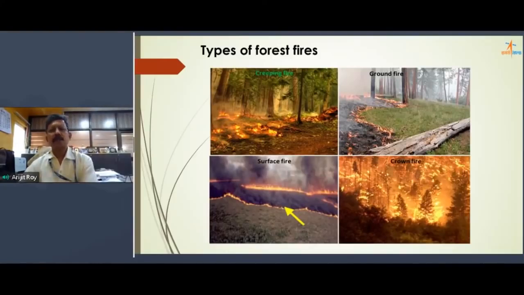And finally, we have the crown fires. These are predominantly in the areas which are dominated by coniferous vegetation, such as California, where the entire crown burns, and these are one of the most devastating, and most of the human casualties due to forest fires are due to this type of forest fires.